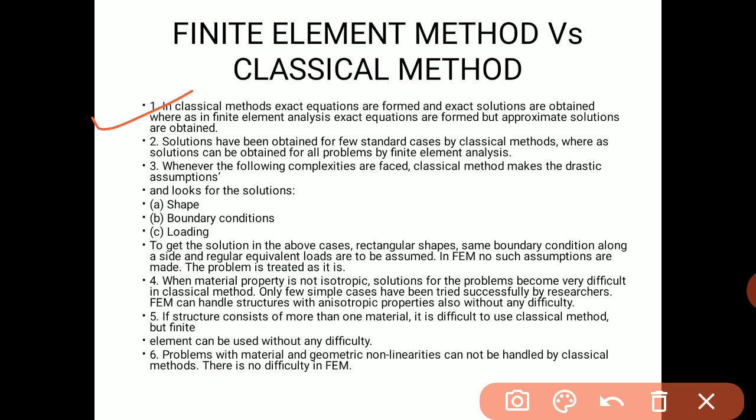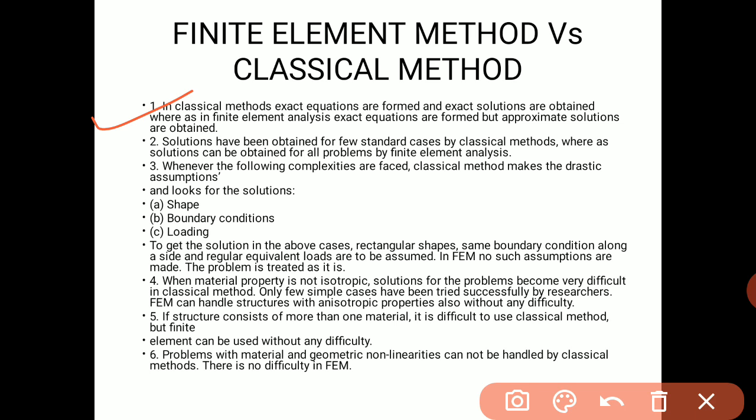Now, when the material properties are not isotropic. If you remember, the first assumption in every structural analysis theory or principle is that the material is isotropic, homogeneous, linear, elastic. We assumed this and solved the structure.